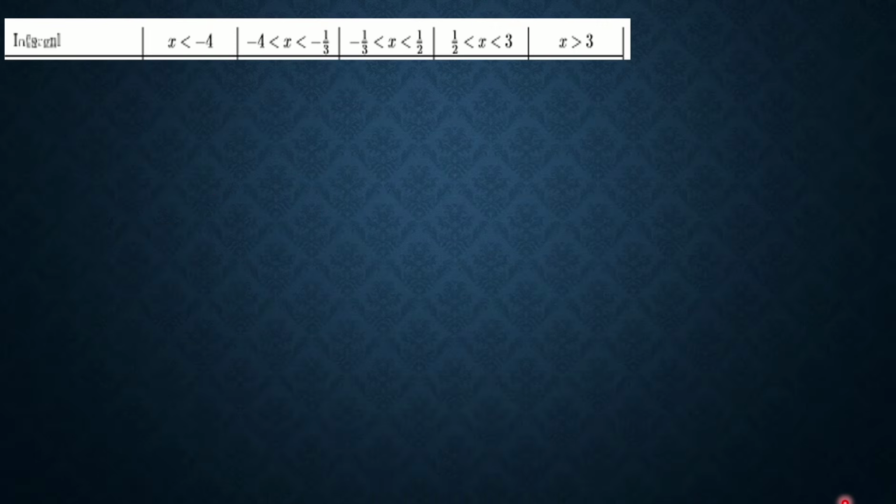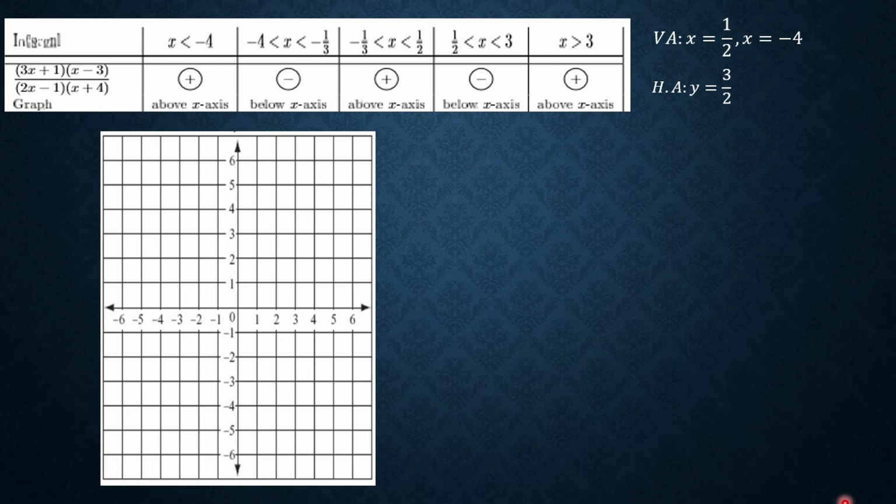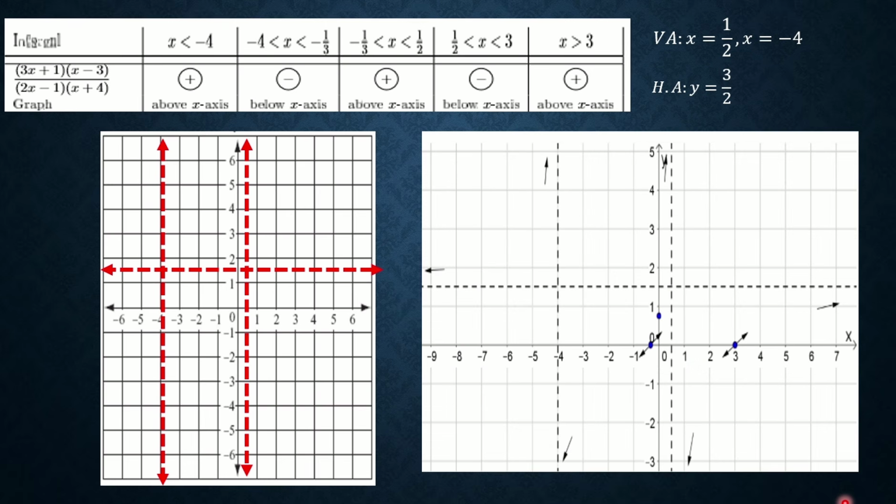So, tingnan natin. Okay. So, meron tayong vertical asymptote na 1 half and then negative 4. May horizontal asymptote tayong 3 over 2. And then, tingnan natin yung rough sketch niya. Ang sabi kasi, sa x less than negative 4, so ito yon above the x-axis. And then, pagitan ng negative 4 and negative 1/3.